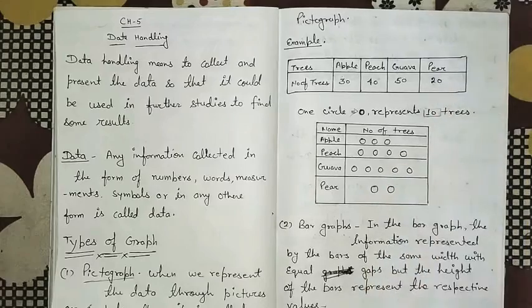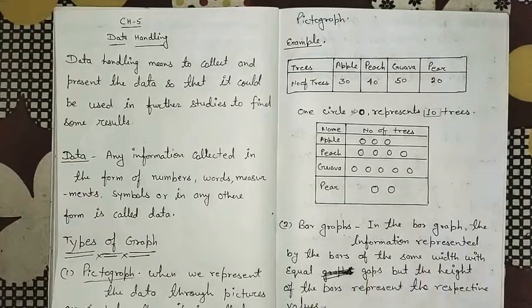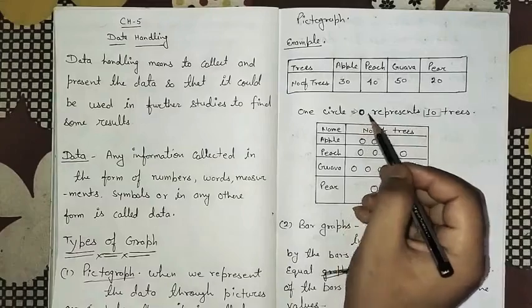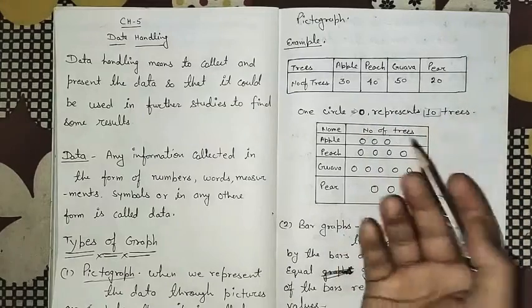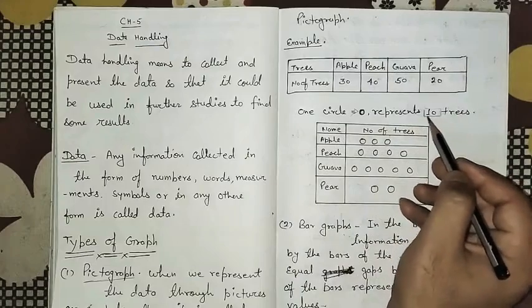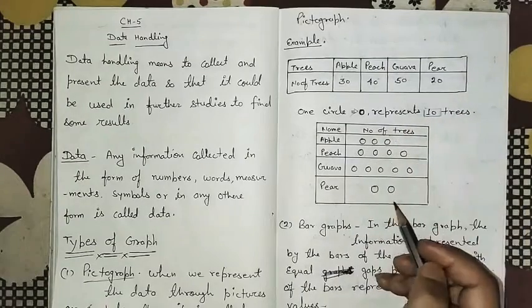And if I want to represent it through a pictograph, what is the first thing? I have to represent it by one symbol, and I will tell how many trees one symbol represents. So I can write here one circle represents 10 trees.